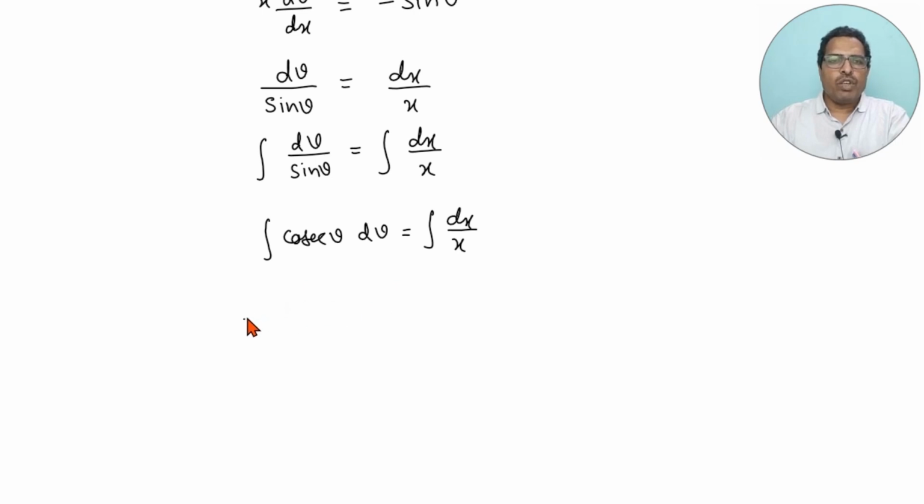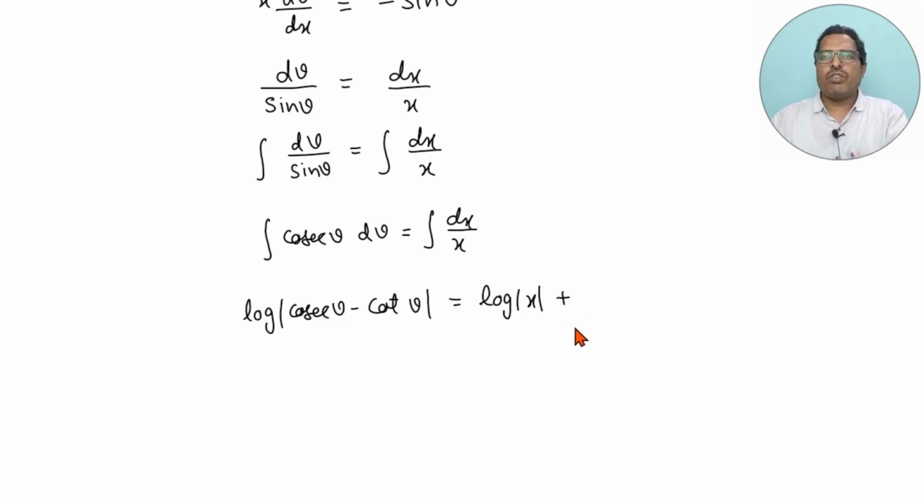Now we integrate on both sides. The integral of cosecant of v is log of mod cosecant of v minus cot of v, equals the integral of dx by x, which is log of mod of x, plus a constant of integration. Since both integrals are in terms of log, we add the constant of integration as log of c.